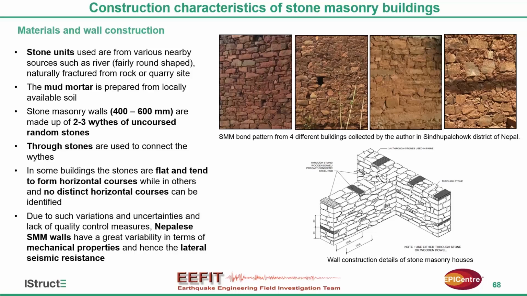If you see the first figure, the stones are flat so that horizontal courses can be seen, while in the fourth figure, stone shapes are more irregular, so you cannot see distinct horizontal courses. Due to such variations in material quality, shape, size, and in the workmanship, all these will result in large uncertainty in the mechanical properties and hence the lateral seismic resistance of these constructions.